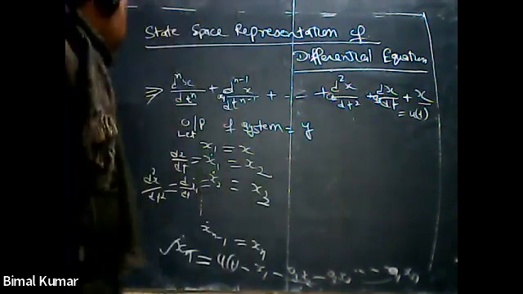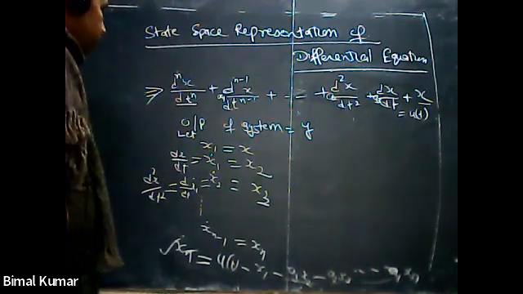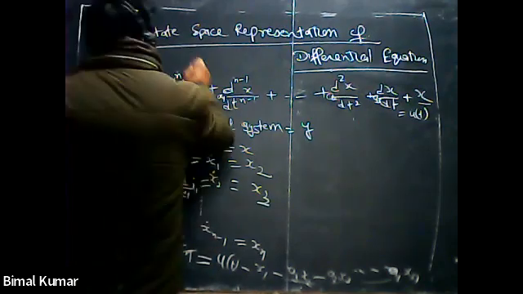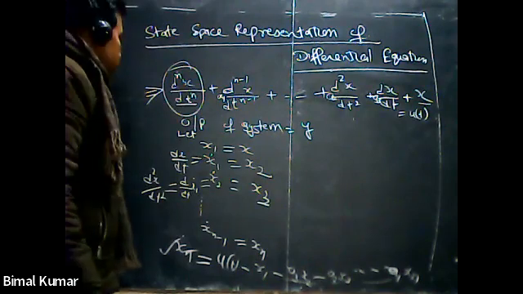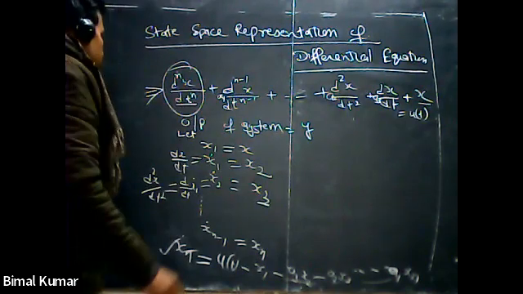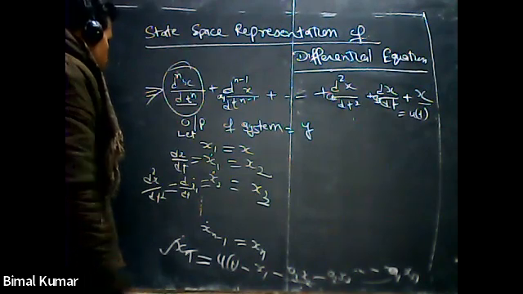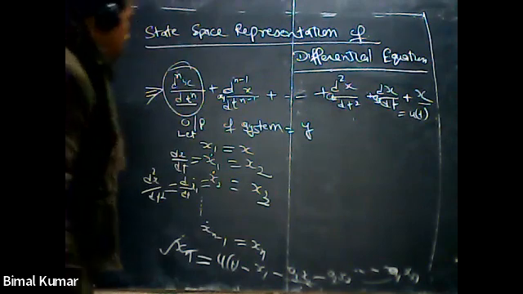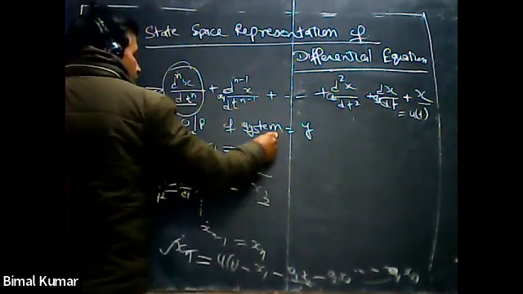So if you determine it, then if the order of the differential equation is n, then the number of these variables will again be n, right?